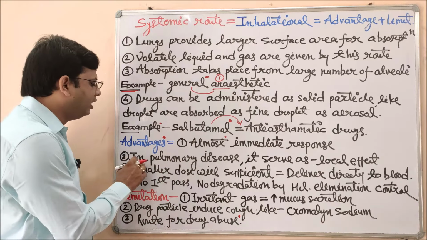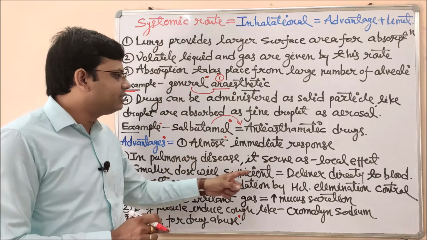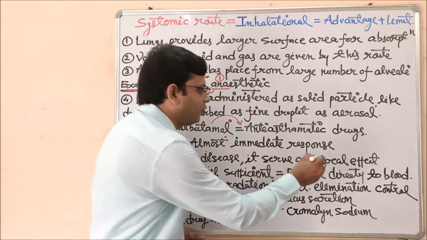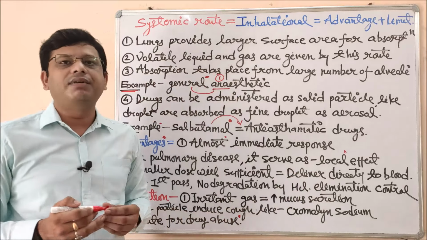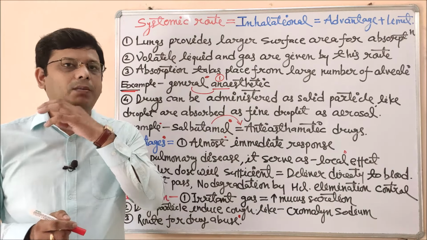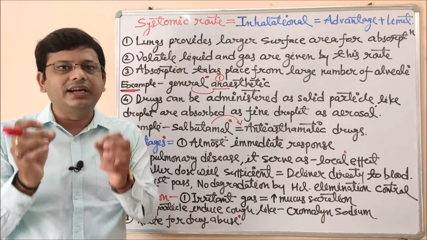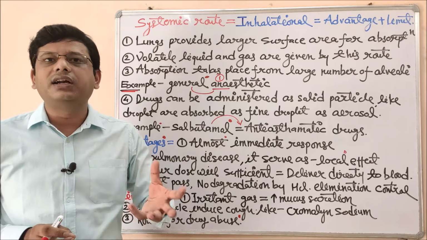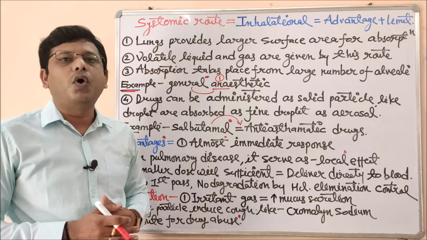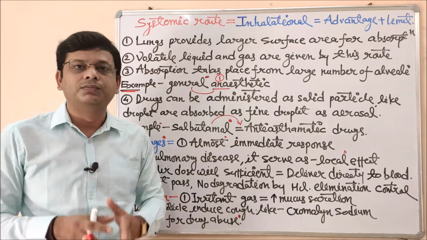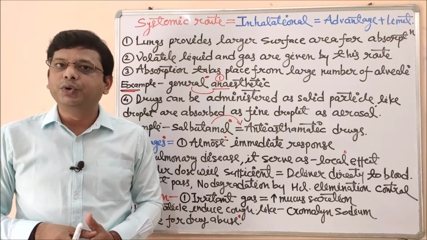This is the major advantage of this route. Now coming to the second one: in pulmonary disease, it serves as a local effect. Suppose a person has any disease or disorder of the lungs. It is better to give the drug directly to that affected part so that relief may come faster. This is an important advantage of this route. Likewise, I have explained in the case of tuberculosis.